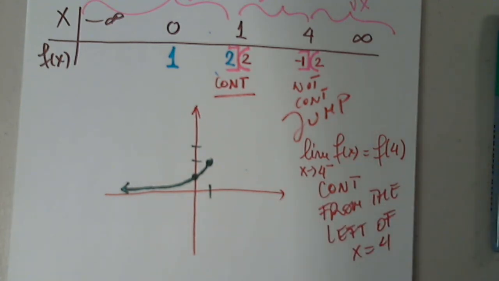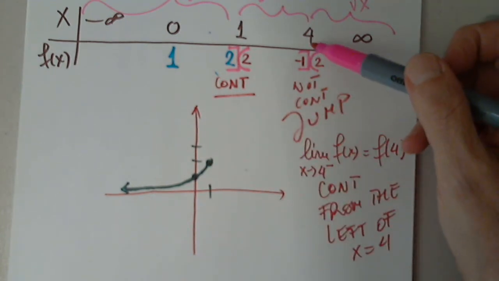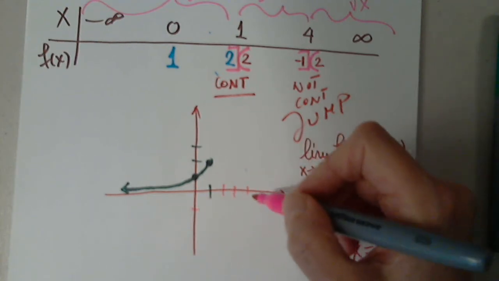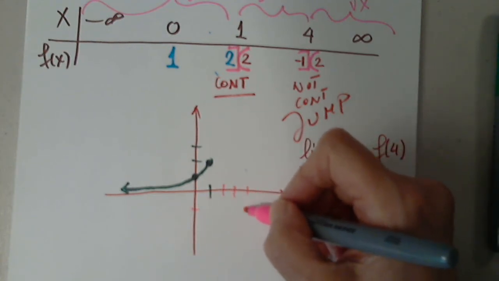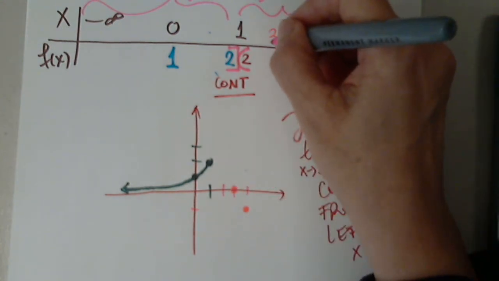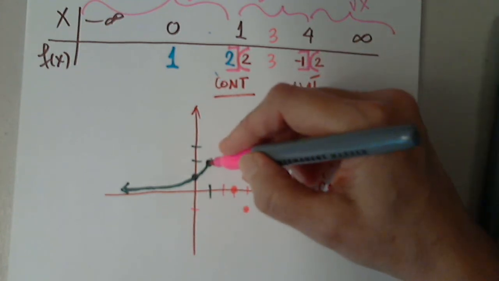Okay, now 1 comma 2 starts at the same point, and 4 comma negative 1 right here, and this is a full point, and this is a straight line, and it has to cross at 3. Maybe we should also put 3 in there because it's a very important point. It's an x-intercept.